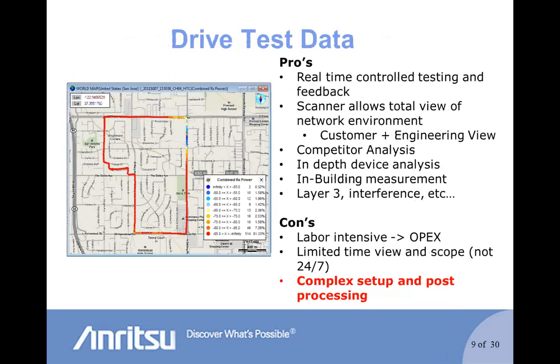So drive test data. The nice thing about drive test data is that you have control. There's distinct control in the entire process. So when you want to drive, where you want to collect, whether it's in building, street level, however you want to set up your test platform or your test cases, you have full control of that.